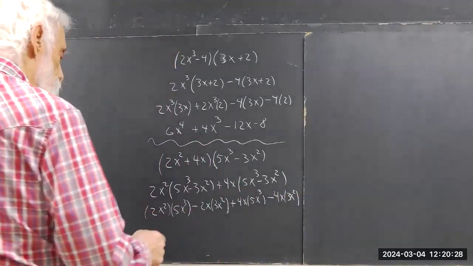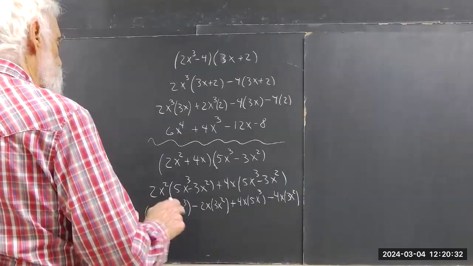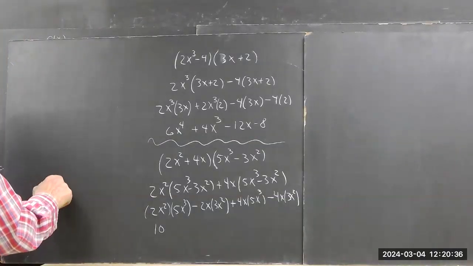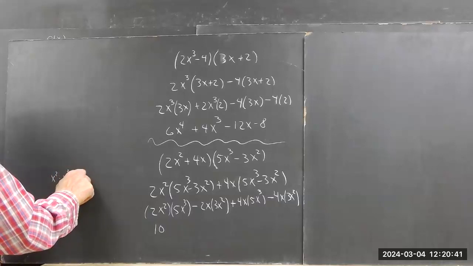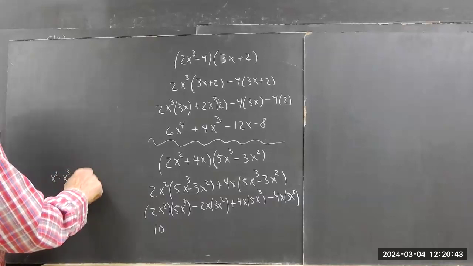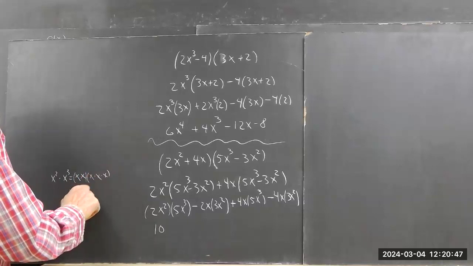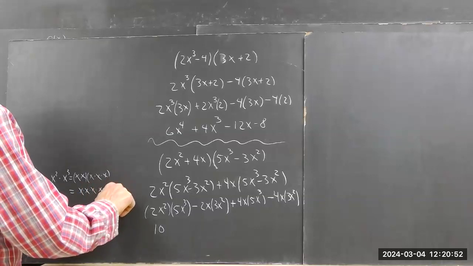Yep. Multiply things up. 2 times 5 is 10. But what's x squared times x cubed? Remember, you should always be able to write it out. X squared times x cubed equals x times x times x times x times x, which is x to the fifth.